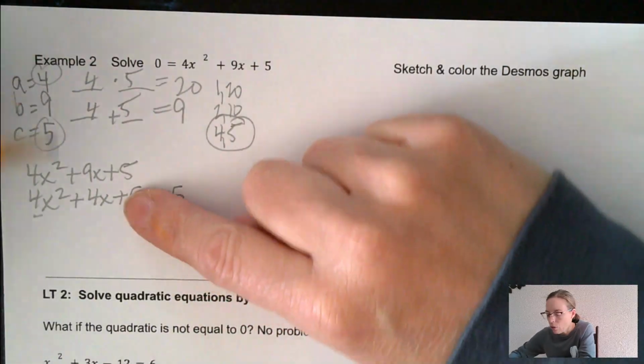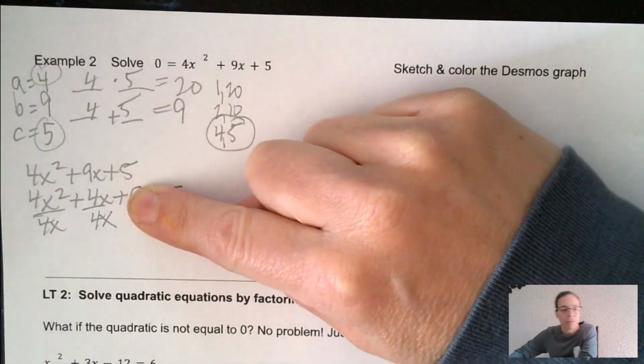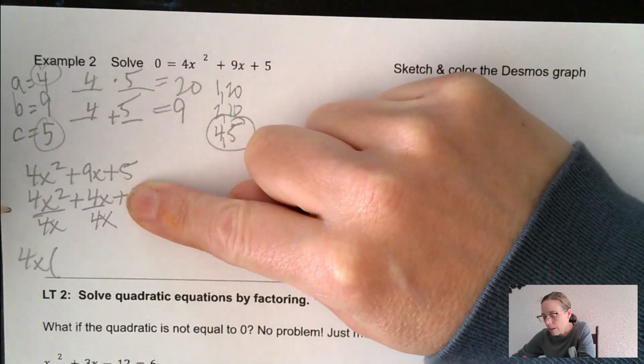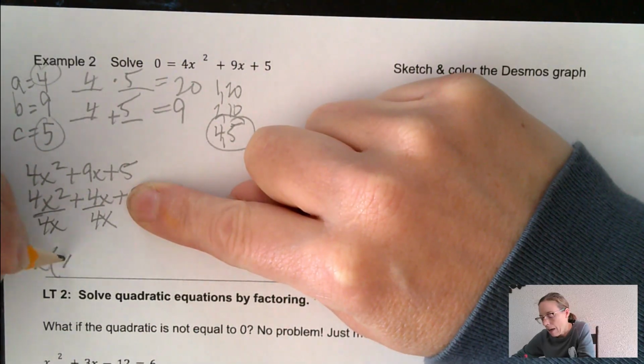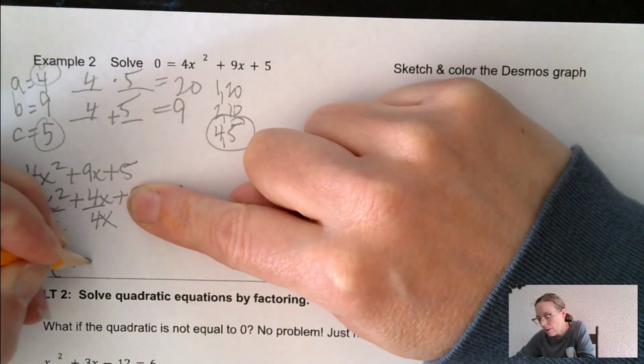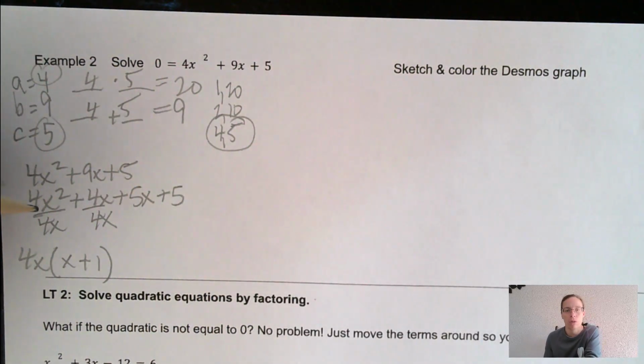So looking at the first two terms, I can divide each of them by 4x, and I will be left with 4x times x, and 4x divided by 4x is 1. Now I need to find a common factor of the next two pieces.